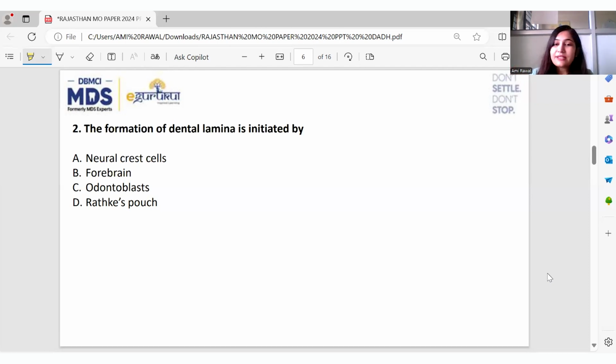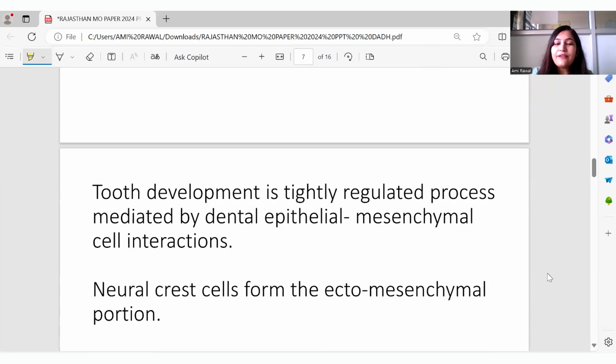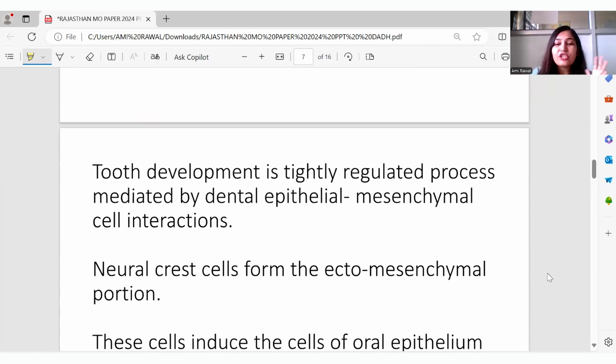Now, we have discussed in our recorded lectures as well as live lectures that all the dental tissues except enamel are formed by neural crest cells by the interaction of epithelium and ectomesenchyme. There is initiation of tooth development, which is regulated by interaction between epithelium and mesenchyme.